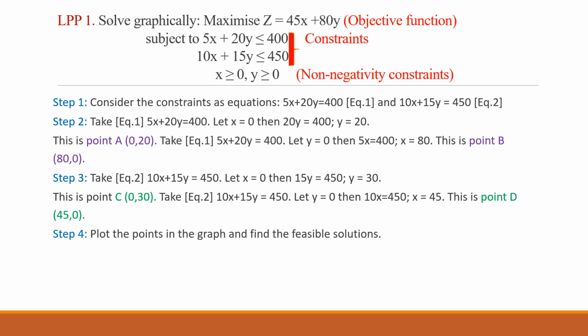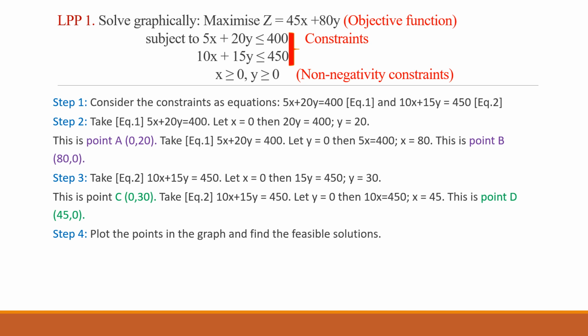So this is point C, where the x value is 0 and 30 is the y value, so point C is (0, 30). Taking the same equation 10x + 15y = 450 and substituting y = 0, we get x = 450/10, which is 45. This is named point D, where x is 45 and the y value is 0, so (45, 0) is point D.